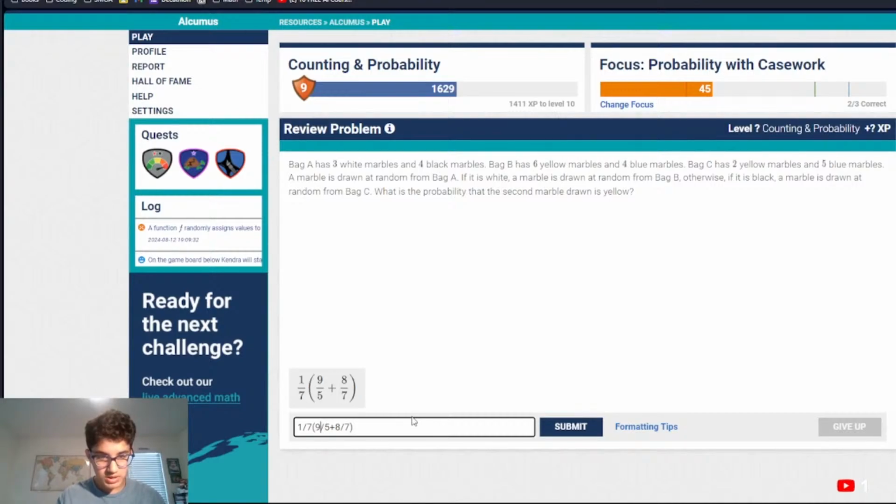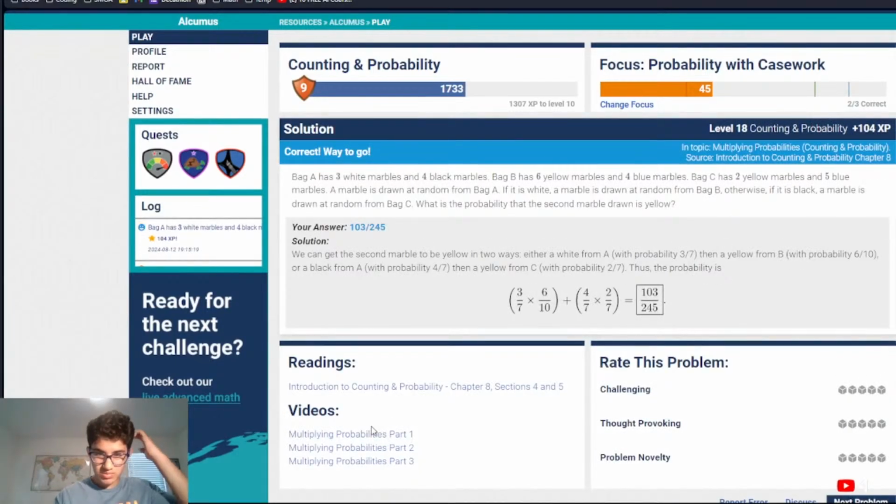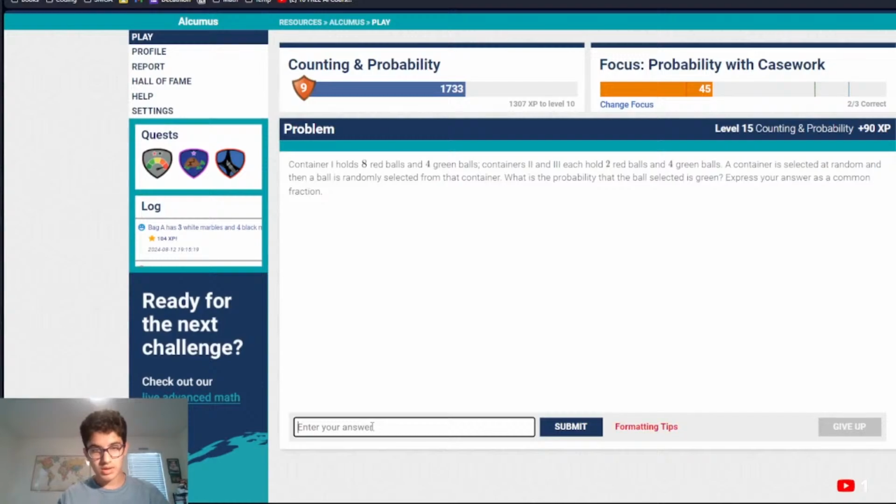So this becomes 63 plus 40, which is 103 over 35 times 7, which I don't think you can simplify. 35 times 7 will be 245. Yeah, that should be it. Okay, just a slightly messy calculation.